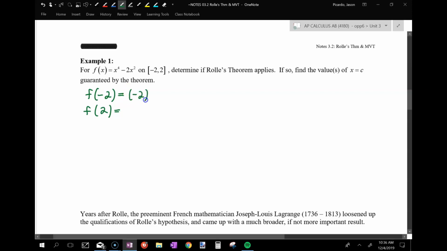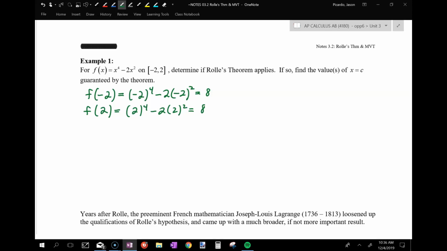So -2 to the 4th. What is that? 16 minus 8. And this also gives me 8, right? So would you guys be comfortable saying that Rolle's theorem applies, right?